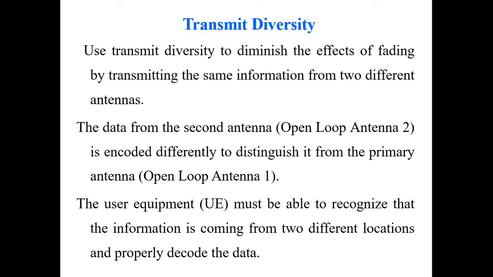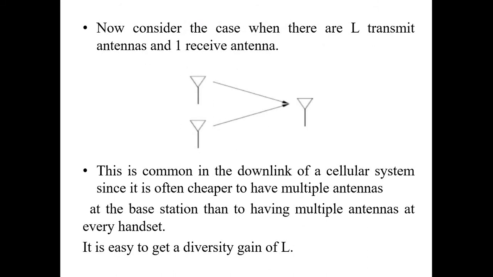On the receiver side, with one receiver, the signal moves from the first antenna element and the second antenna element, and the receiver will think that these informations are coming from different transmitting spots. Now consider the case where there are L transmit antennas, that is, N_T transmit antennas, but we have only one receive antenna. So 2:1, where N_T is the number of transmitter antenna elements, and based on that we say that.